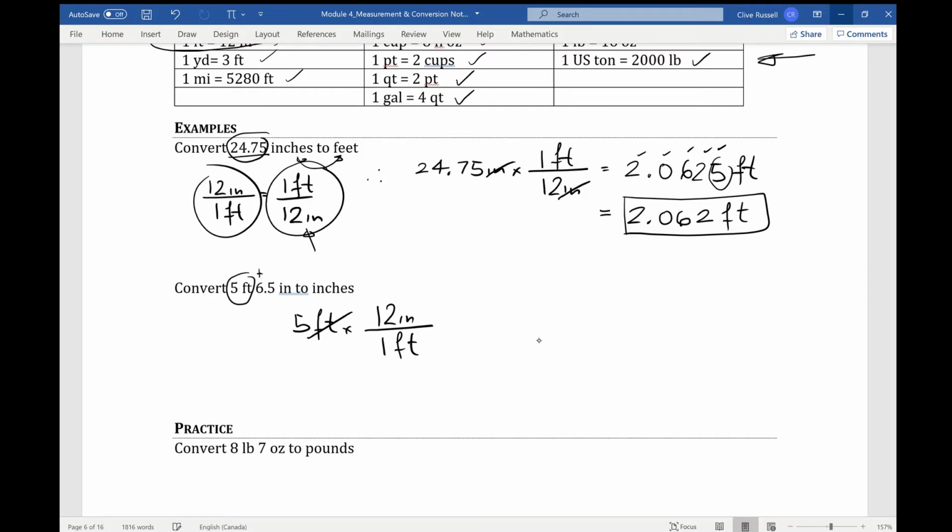So the feet goes, we're left with 5 times 12 is 60 inches. So therefore, now we could say that 5 feet, 6.5 inches is just 60 plus 6.5, which is 66.5 inches. Okay, and then that's our final answer.